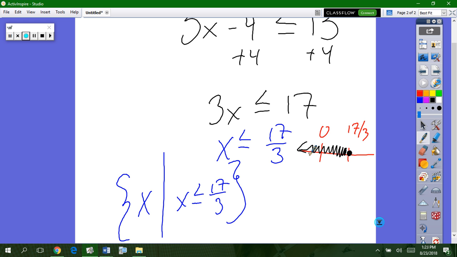So how far left is this going? Negative infinity. How far right does it go? 17 thirds. And this would be a bracket. That would be a parenthesis.